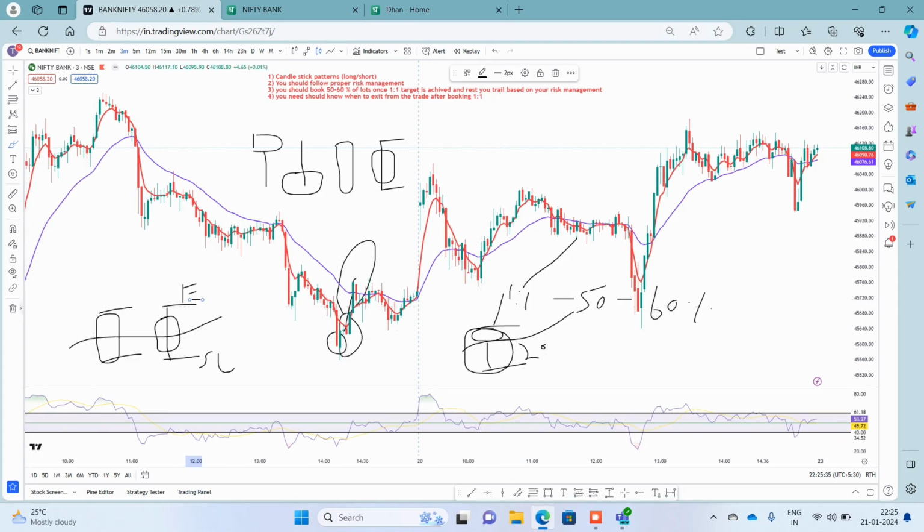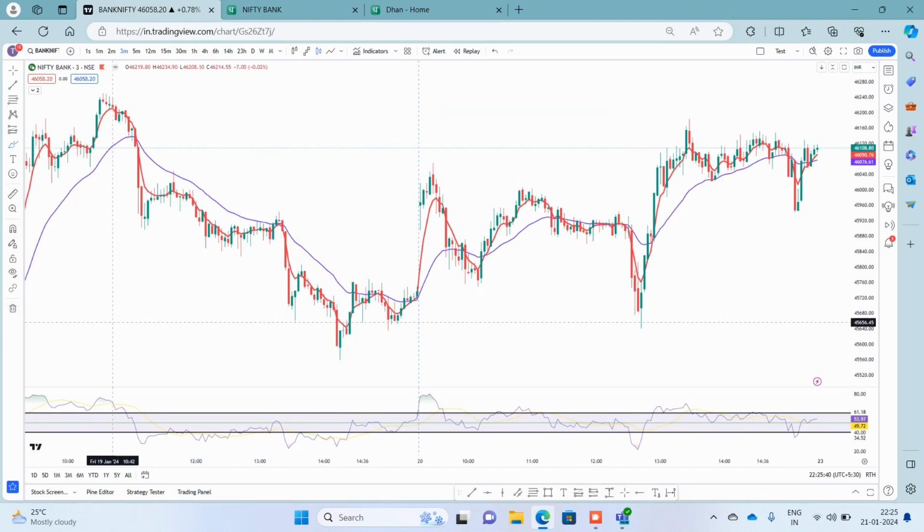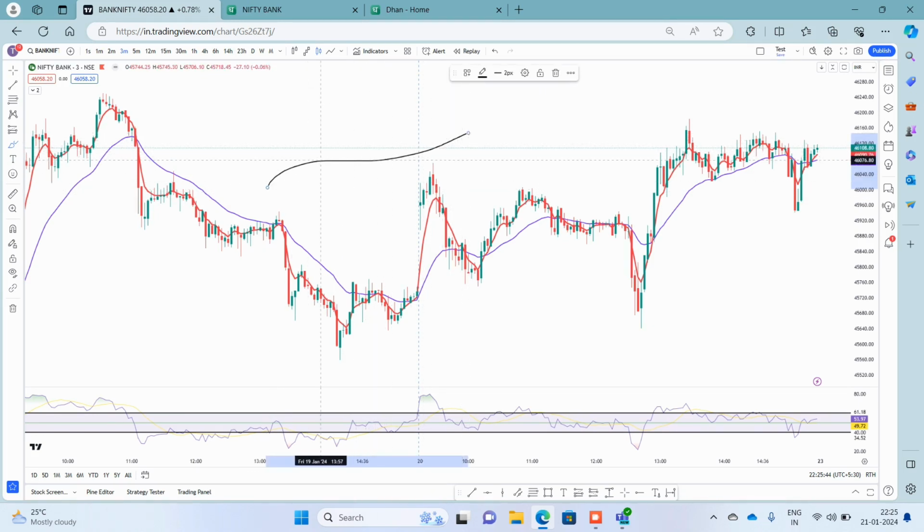What are the candles that we should not enter when we see closing on 5 EMA? Suppose let's assume this is a 5 EMA, there is a full wick on the top and the candle is like this. Let's assume this is a green candle.